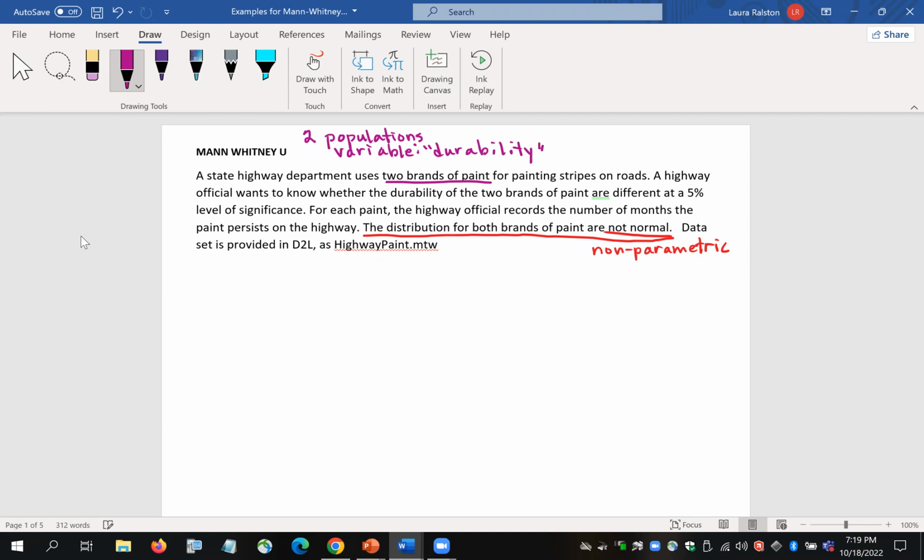So again, I have that one variable, but I'm looking at it for 2 different populations. And those populations are not normal, which is the big clue that I'm going to do the non-parametric test and that I need to use Mann-Whitney U.